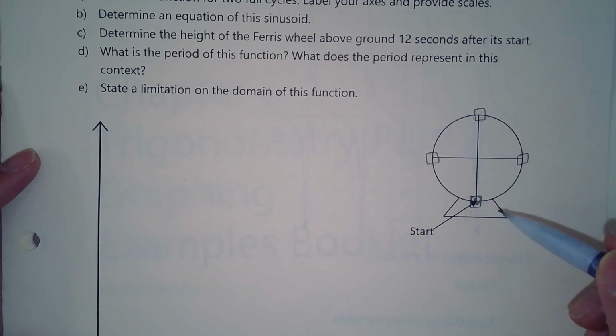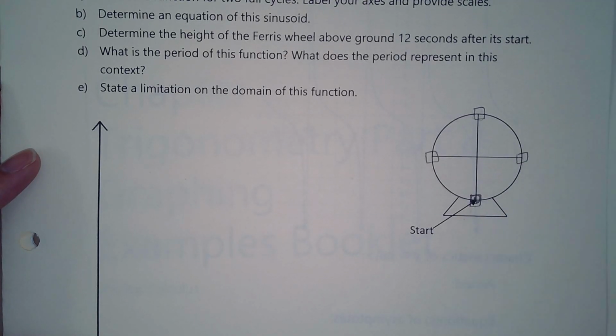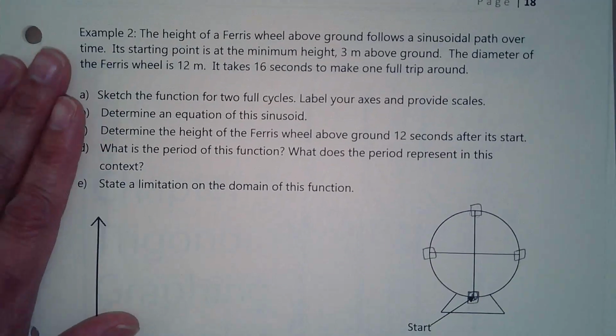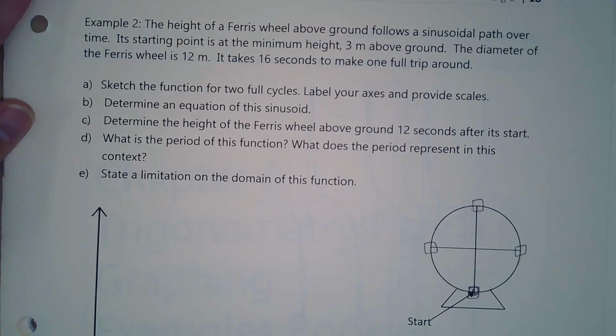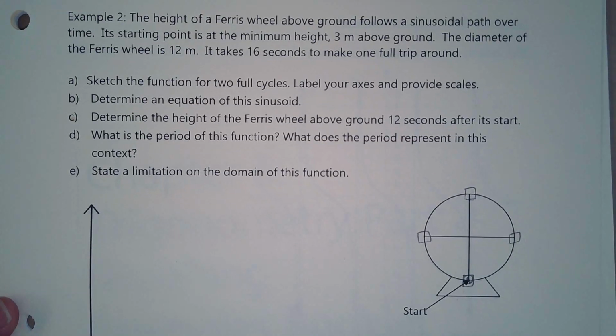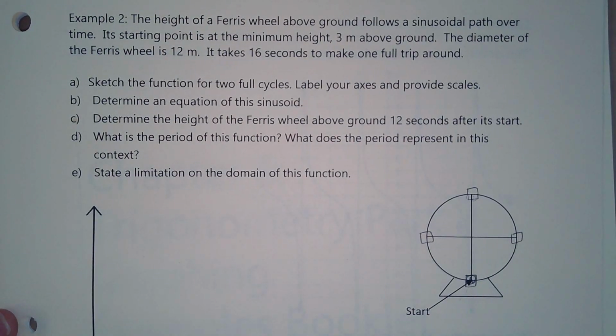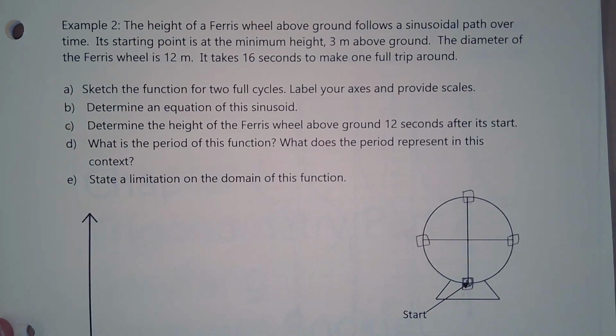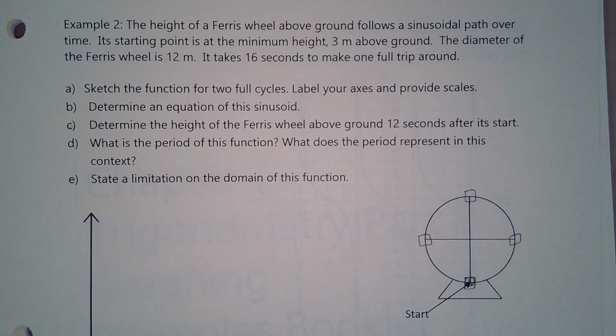It doesn't stop. The person doesn't pause. It keeps going. So here, the height of a Ferris wheel above the ground follows a sinusoidal path over time. So what are the two things that we're going to graph? What are they connecting? What two quantities?